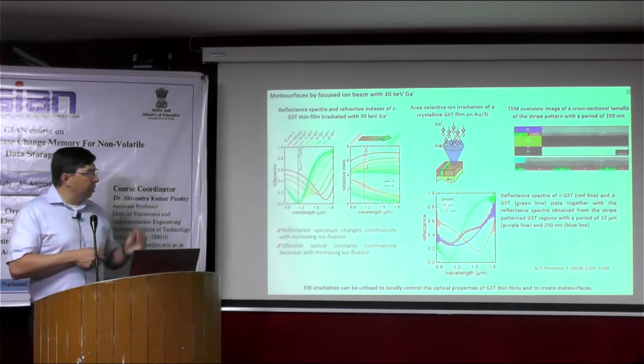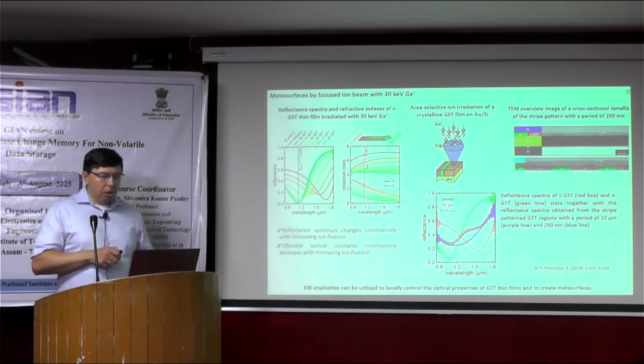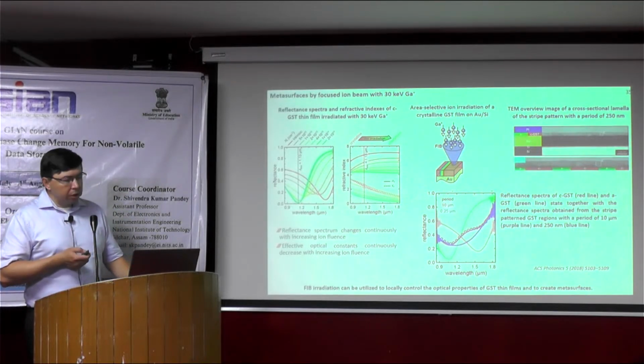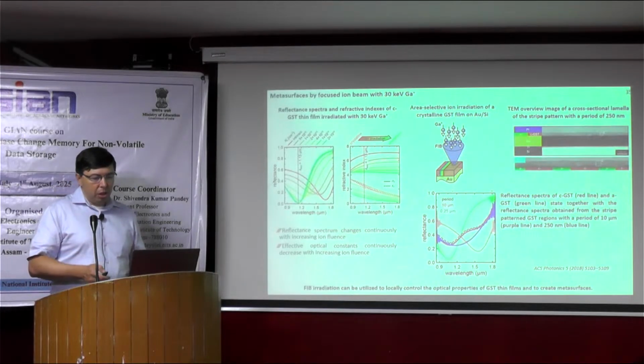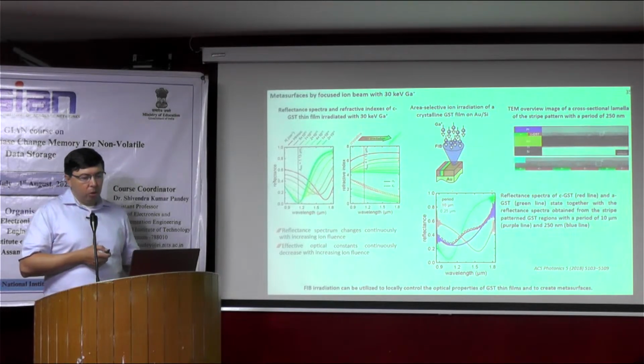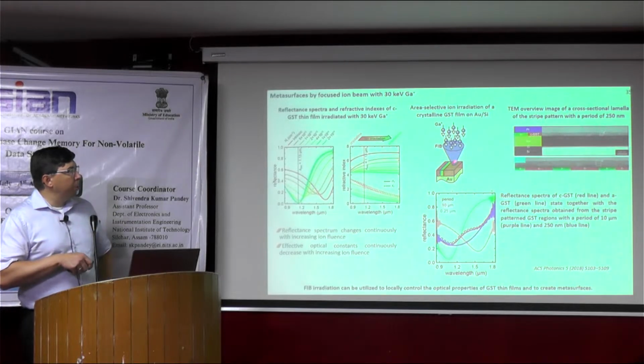In this case, metasurfaces were created using the focused ion beam. So what are metasurfaces? Metasurfaces are a two-dimensional artificial material consisting of sub-wavelength structures arranged in a planar or 2D pattern. By using such a focused ion beam, you can make lines of crystalline and amorphous materials.